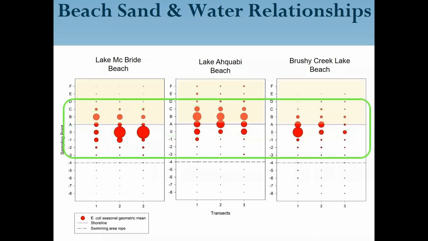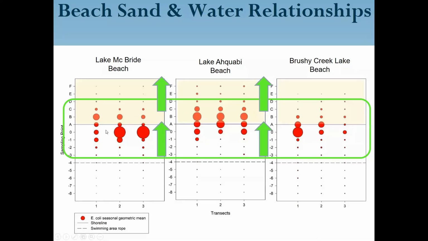And what we saw over the course of the monitoring season in these 3 lake systems, as well as in our original data collections when we kicked this project off, was that as those bacteria concentrations increased in the terrestrial zone, we also saw corresponding increases in that recreational swimming zone environment.